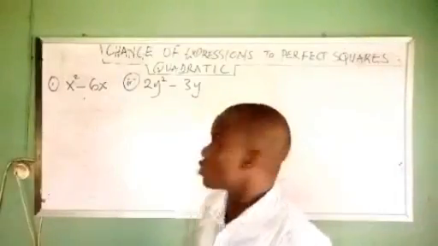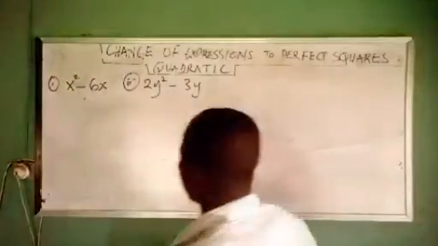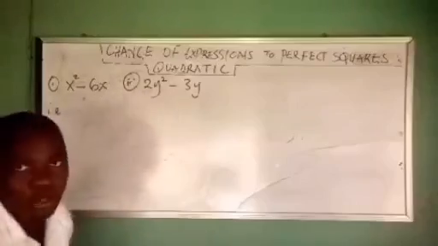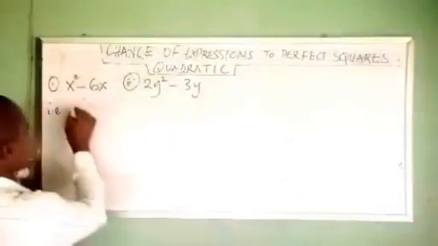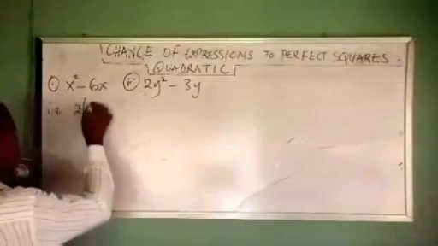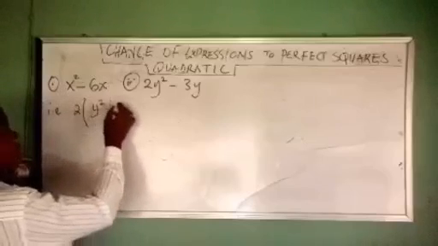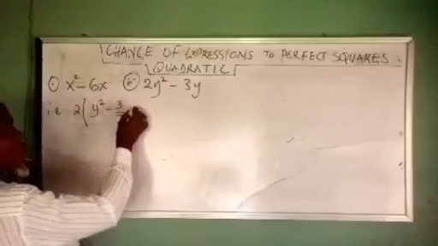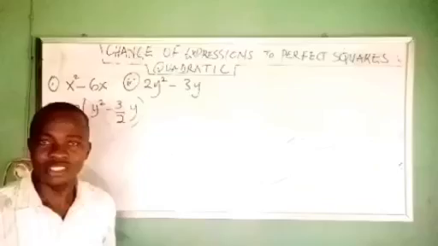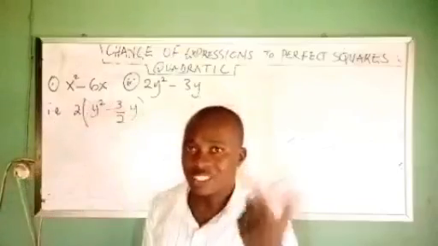So now, if you want to change this one to a perfect square, you try to manipulate. Try to bring out the 2: 2 into y squared minus 3 over 2 y. This thing just requires an understanding.